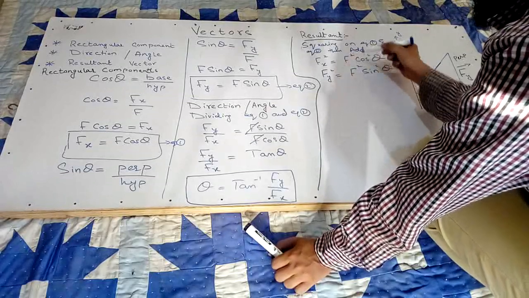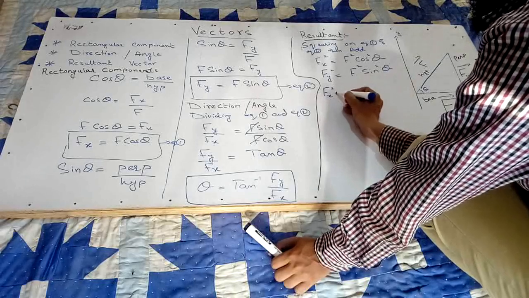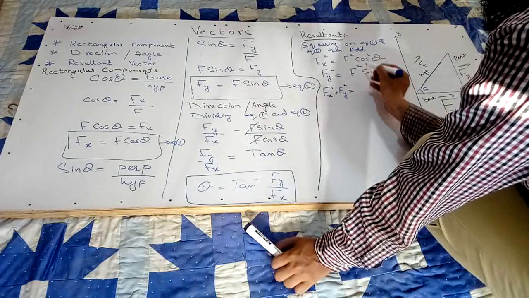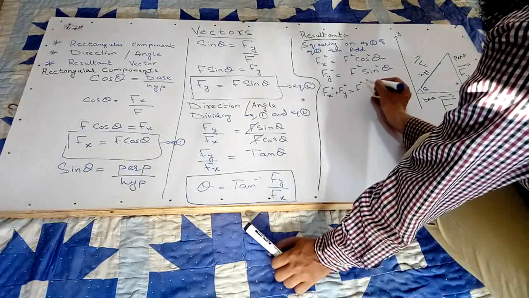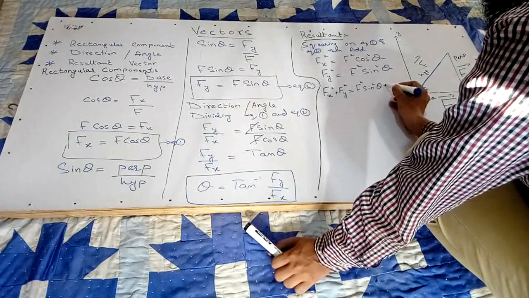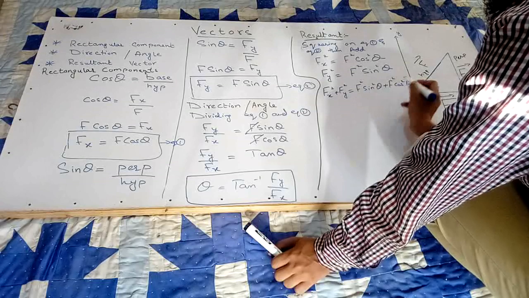Now adding both these equations, left side added to left side, Fx square plus Fy square, and right side added to right side, F square sin square theta plus F square cos square theta.